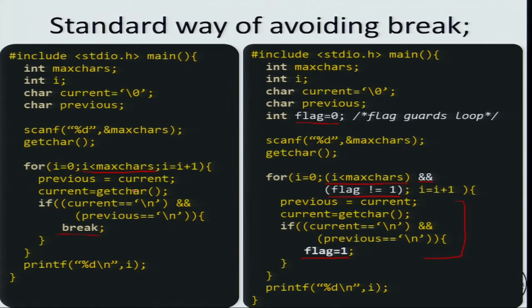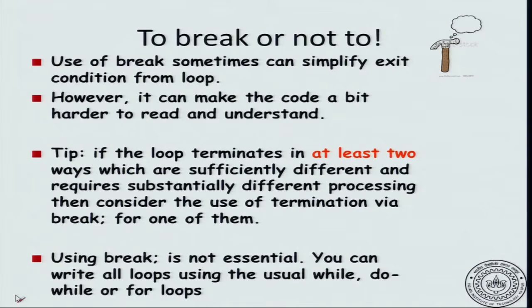On the other hand, if you look at this left hand side code, I actually have to look at the body of the code to realize what are the ways of exiting out of the loop. So, you have to understand the body of the loop in order to see what are the conditions for the loop to exit. It is not just I greater than or equal to max chars. Okay. So, in that sense, the code with break is harder to understand than the code without break.